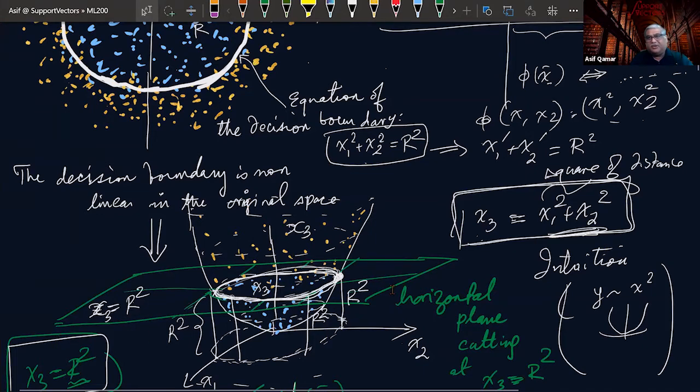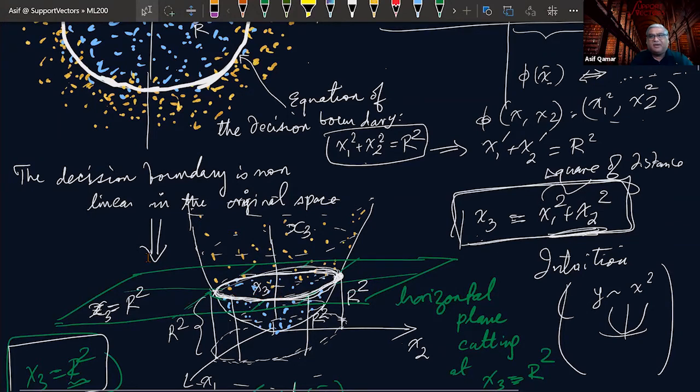And so you can draw a hyperplane, which is a constant hyperplane. x3 is equal to r squared means at a certain height from the ground, which is defined by x1, x2, you have x3 constant, and this ring, this circular disk, is the disk that we see in the original data space. That is your cutoff point, your decision boundary.